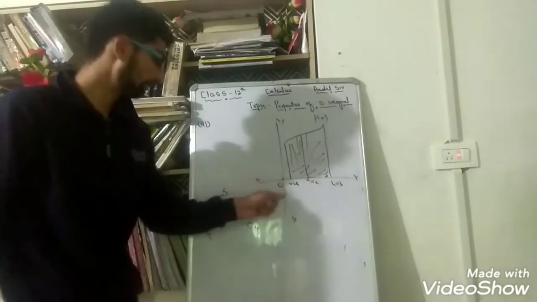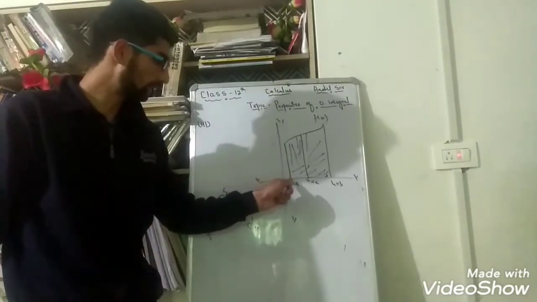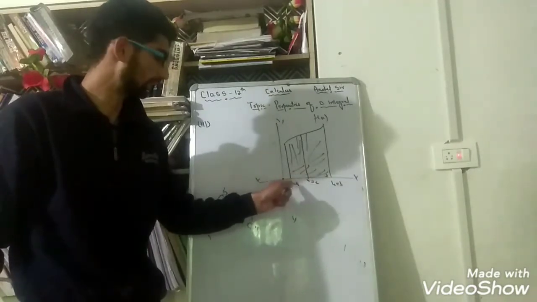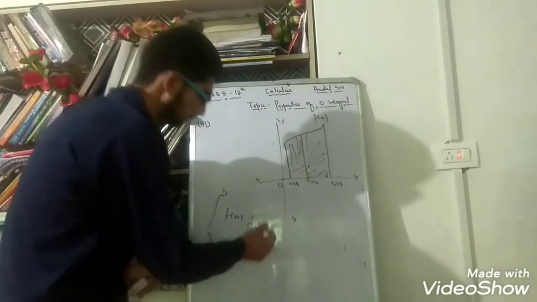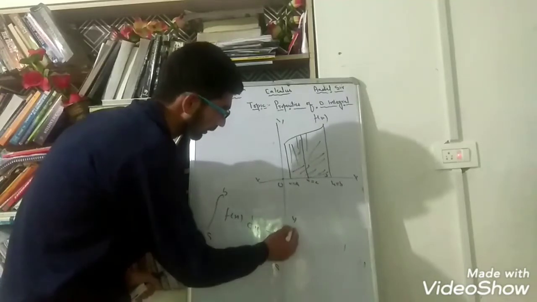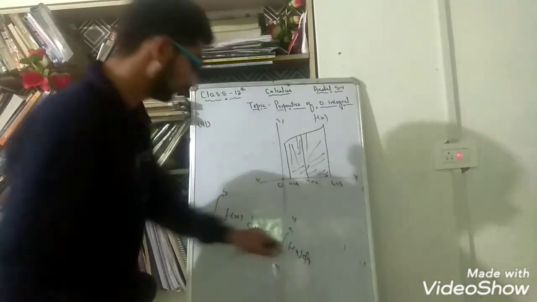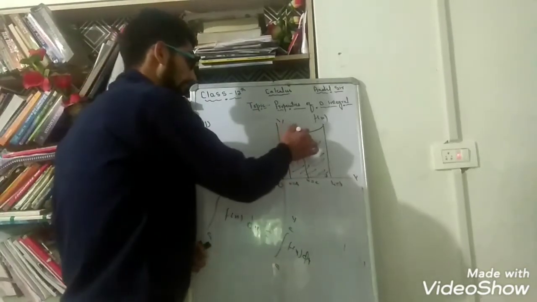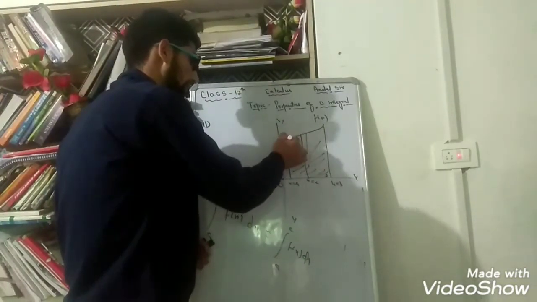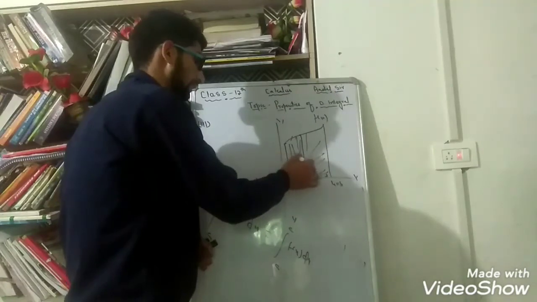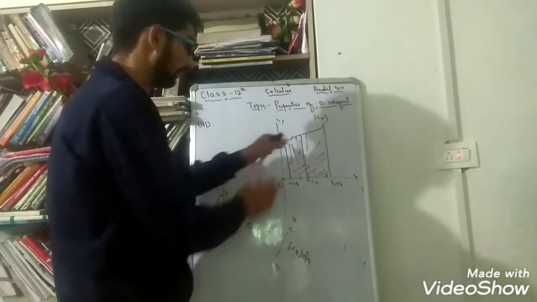But if I take the interval from a to c, the integral of f of x dx denotes the area under this curve from this point to this point. So I am getting this area.